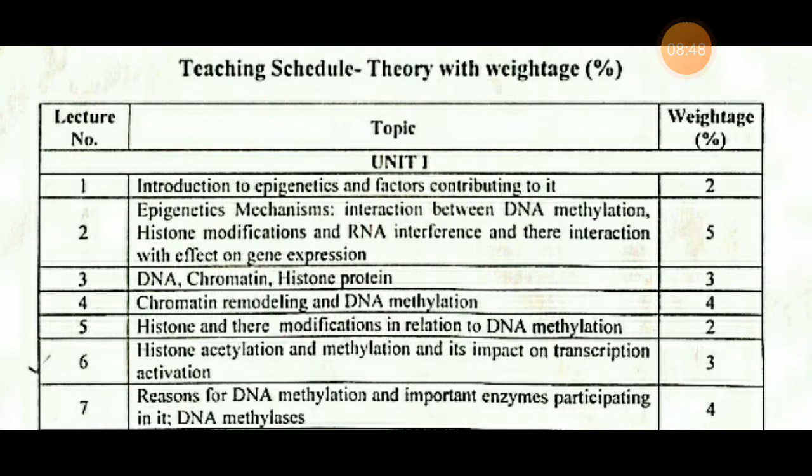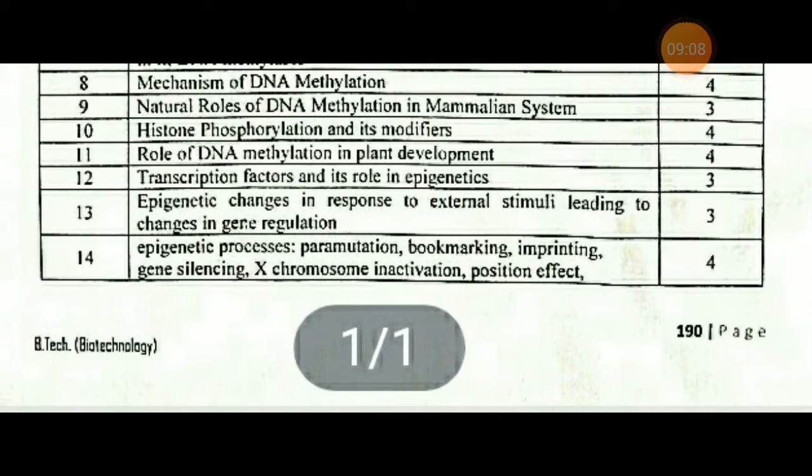The enzymes participating in DNA methylation, such as DNMTs, DNA methyltransferases and DNA methylases, are the enzymes involved in DNA methylation, and that topic has 4% weightage. Then number 8 is about the mechanism of DNA methylation. The mechanism of DNA methylation has 4% of weightage.